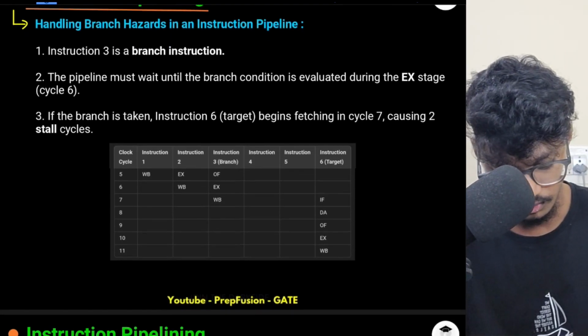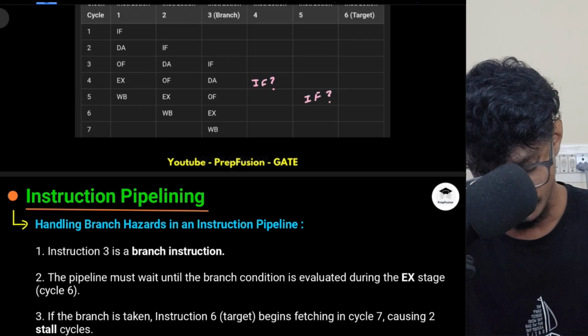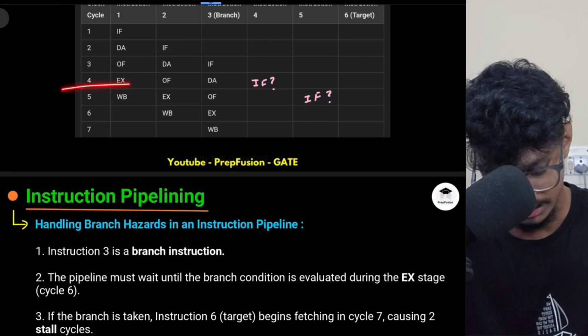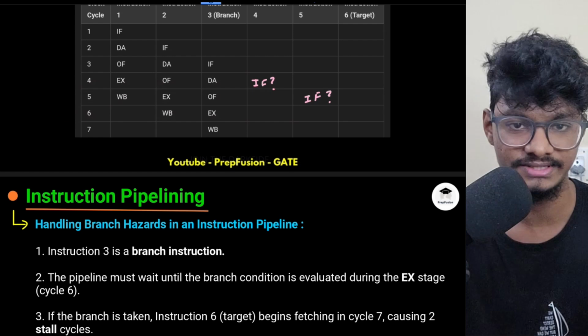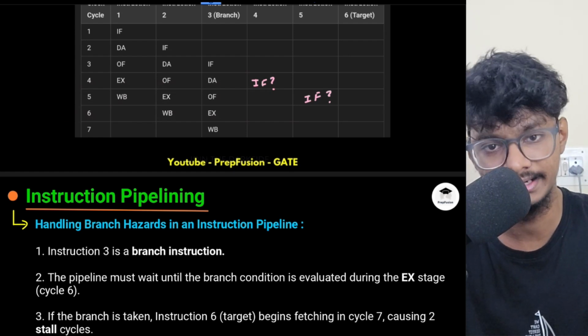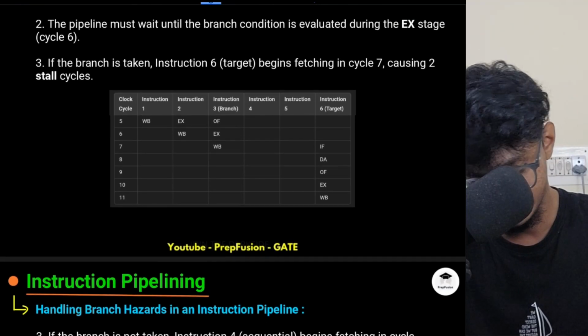Here, this is the 4th cycle, this is the 5th cycle, and this is the 6th cycle. So from cycles 4, 5, 6, my person A will sit idle.